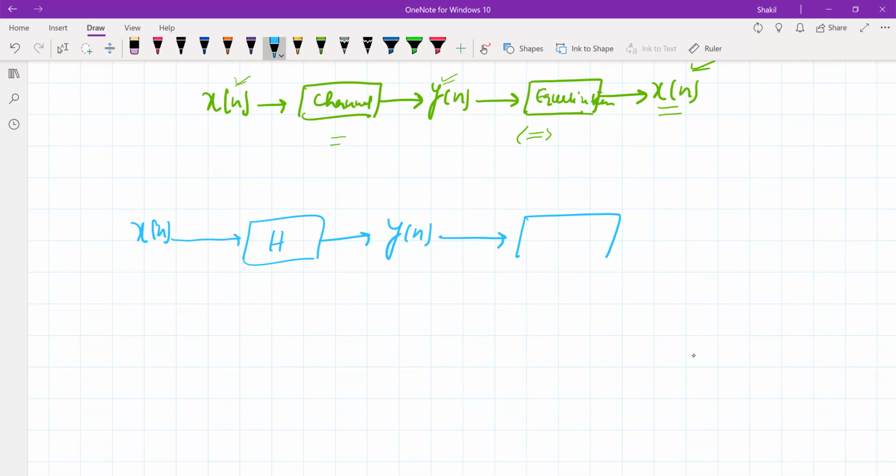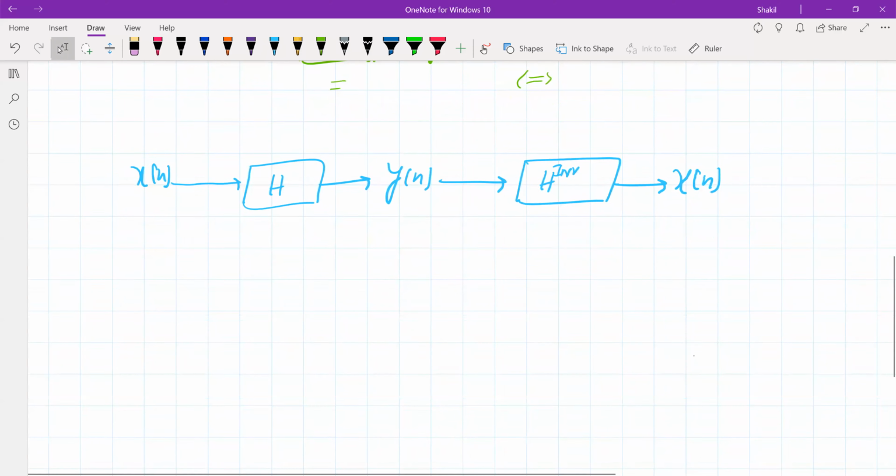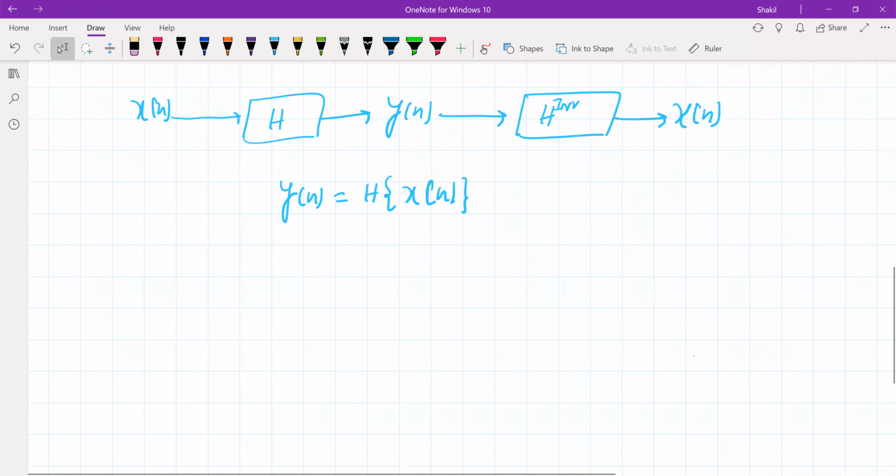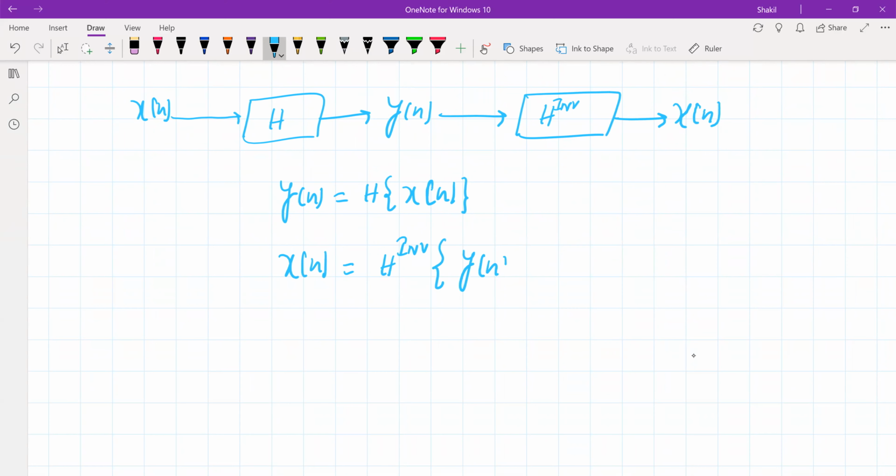Then, from the system point of view, there is one more system whose output is x of n and whose input is y of n.